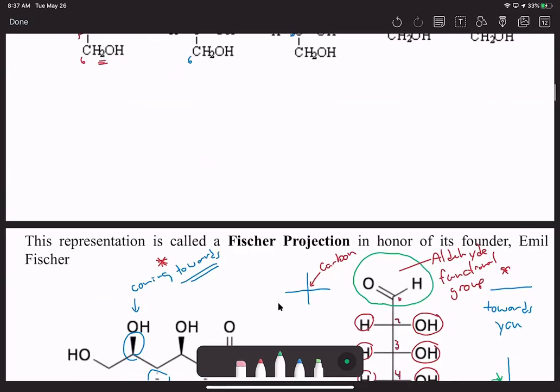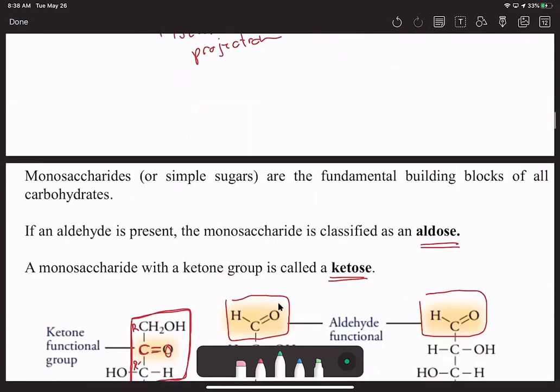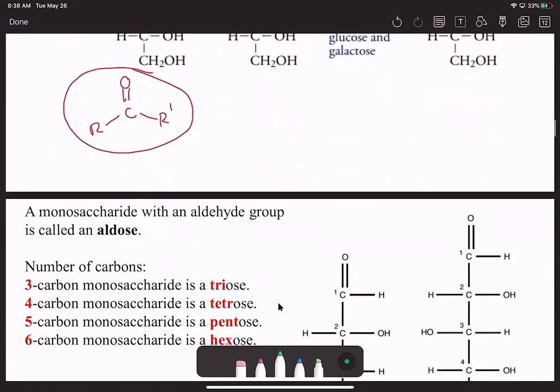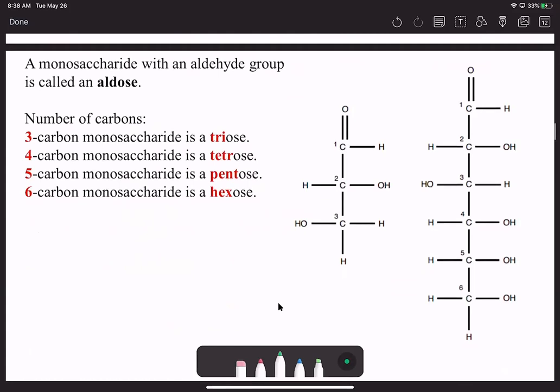So once we can identify a ketose and an aldose, now we're going to start naming these aldoses and these ketoses, right? So how we name them is that this OSE here represents what we're going to call a sugar, right?